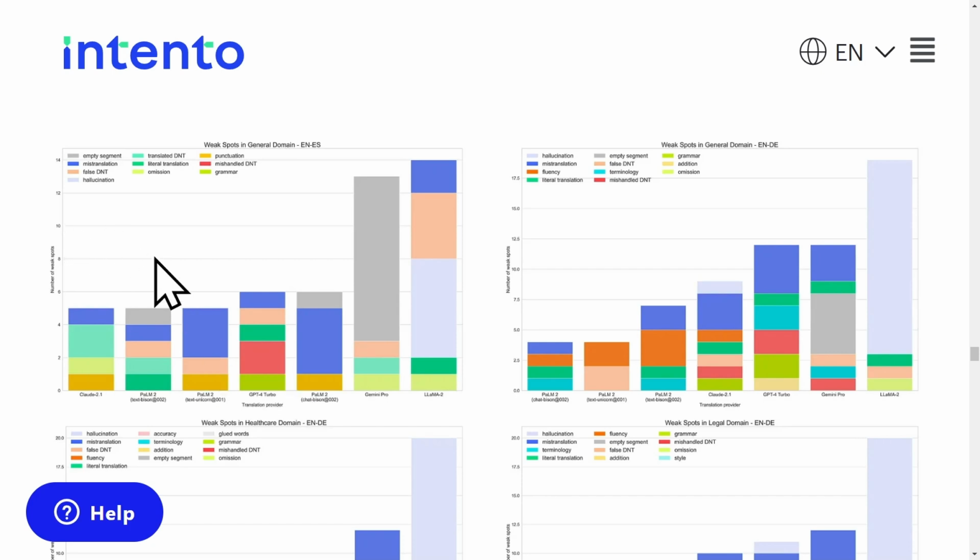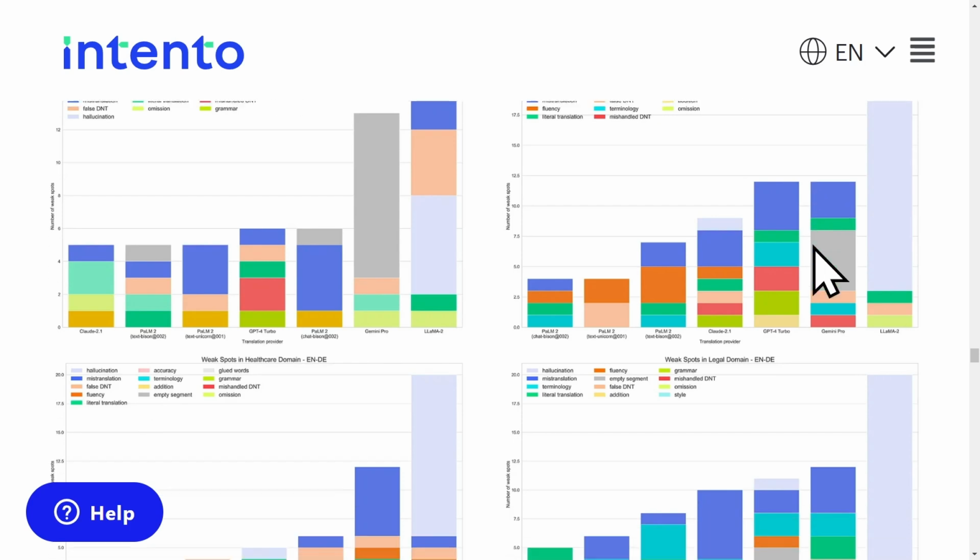Those that we'd need to look at would be mistranslations. So here, if we see in Palm 2 what's going on, that's a problem. So yeah, that's something that you want to keep in mind. And so that's for English to Spanish. And here we apply the same thing to English to German, general domain.